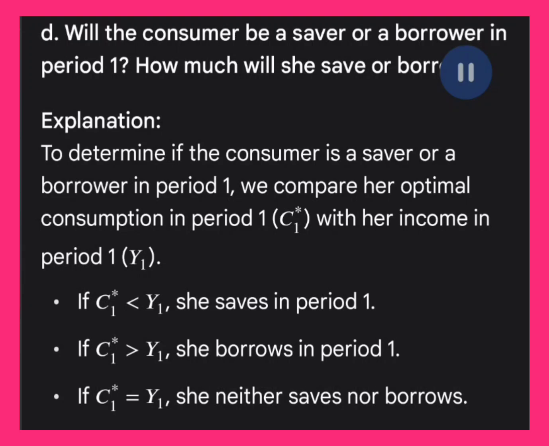The amount saved or borrowed is simply y_1 minus c_1 star. If the result is positive, it's saving. If negative, it's borrowing. Solution. Consumer's income in period 1, y_1 equals $100.